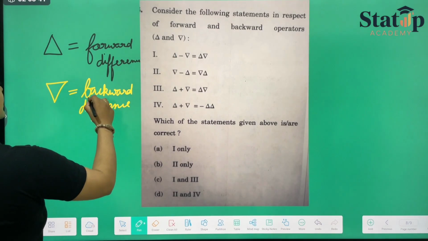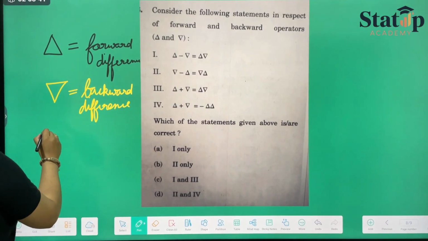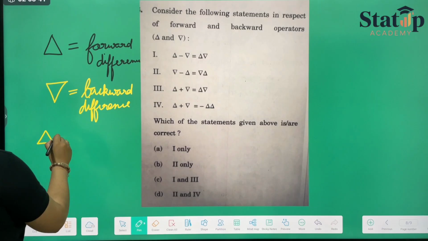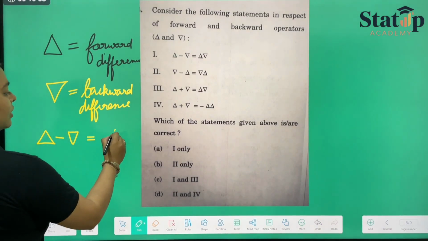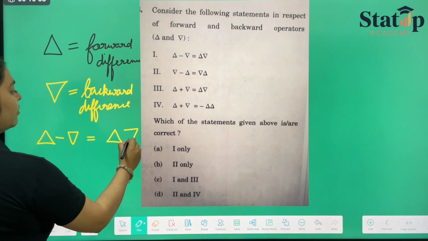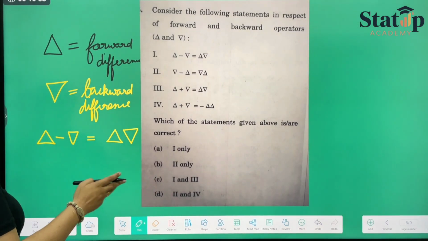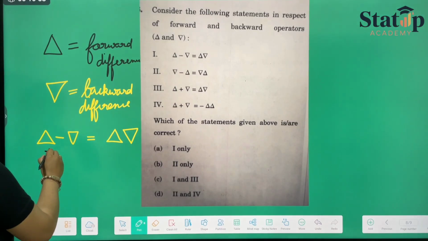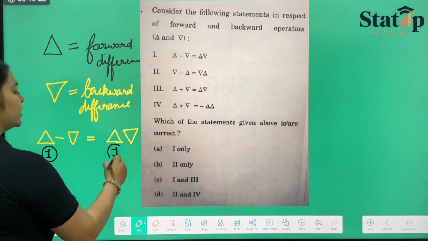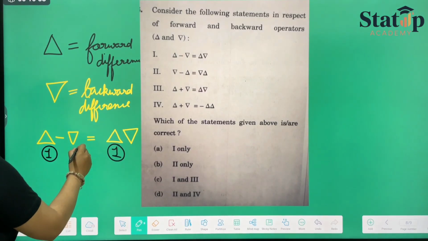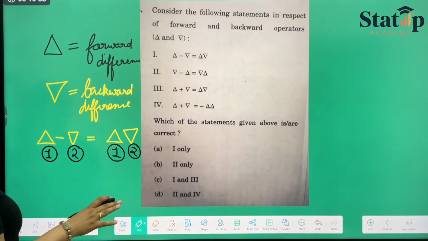In numerical analysis, there is only one relation between forward difference and backward difference, which is when I subtract backward difference from forward difference, then this term will be equal to the multiplication of forward difference with backward difference. The important thing that you should consider here is when forward difference is at first place, then in multiplication also it is at first place. The backward difference is at second place, so in multiplication also it is at second place.